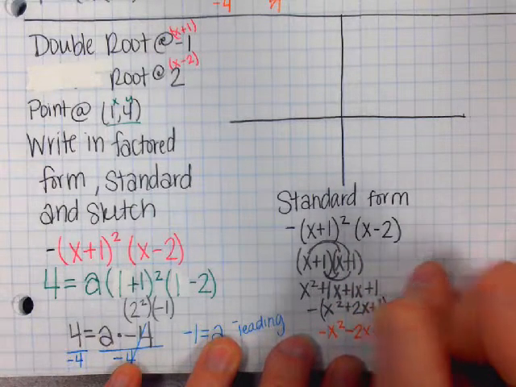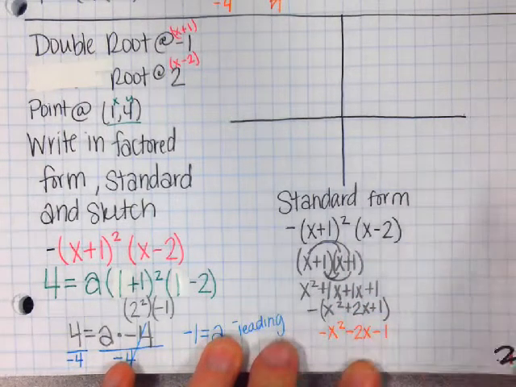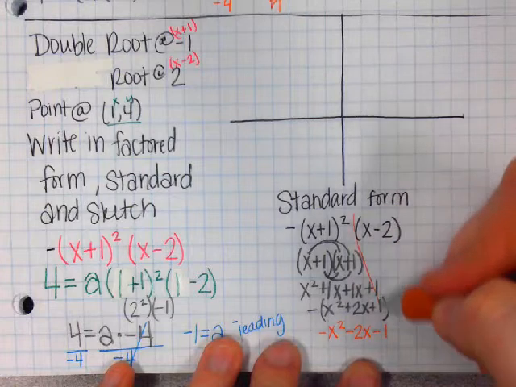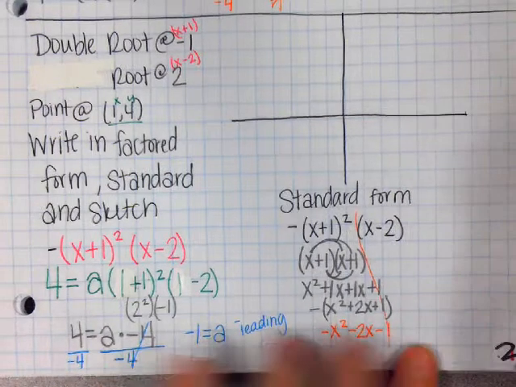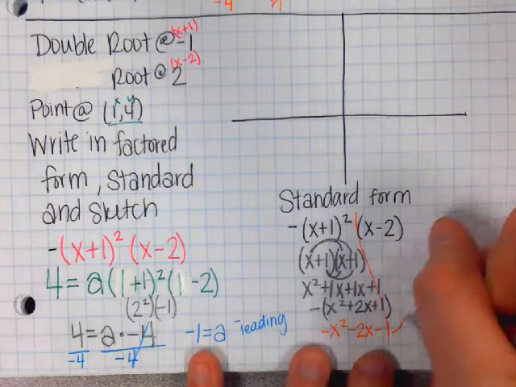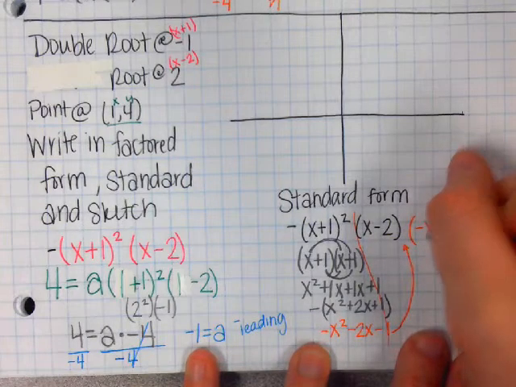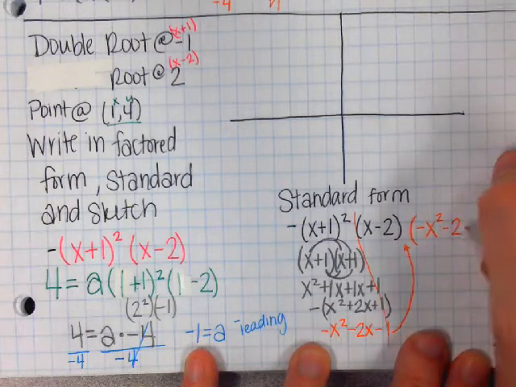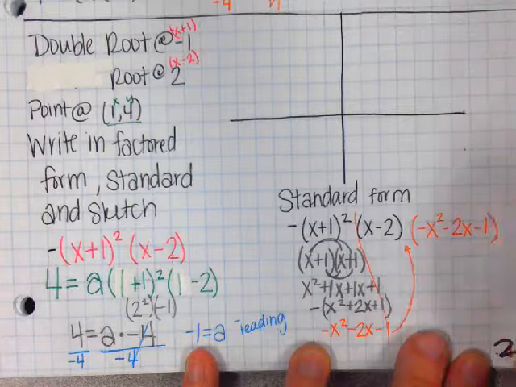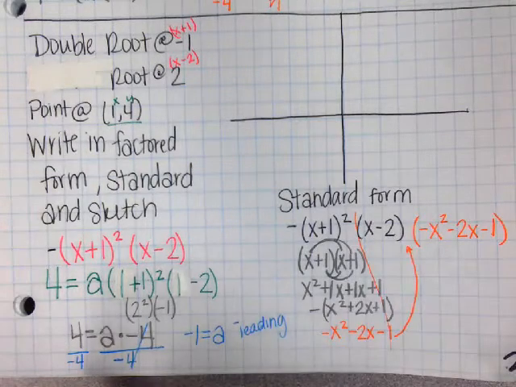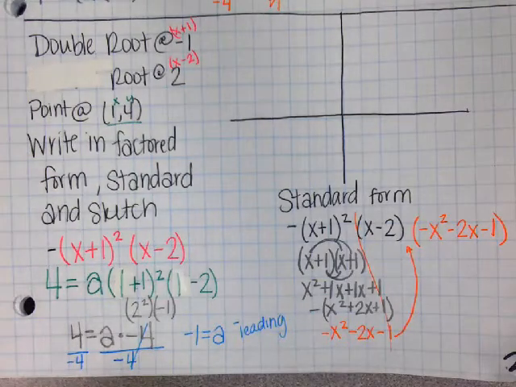So it would be negative x squared minus 2x minus 1. So that's all of that information. Now I need to multiply it by that. So I'm going to go up here and do it. So it would be x minus 2 times negative x squared minus 2x minus 1.